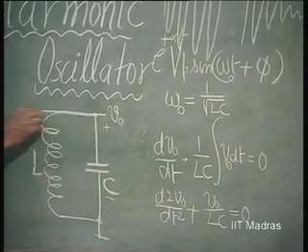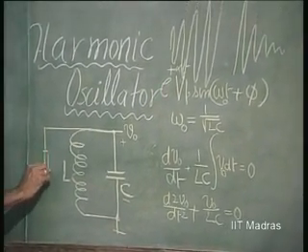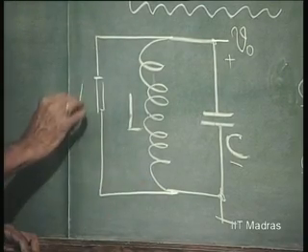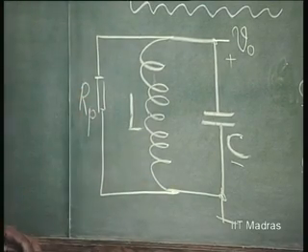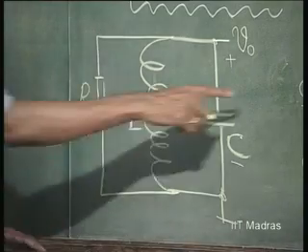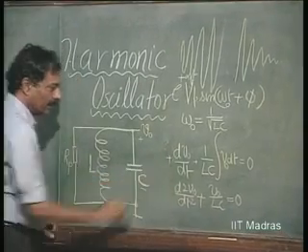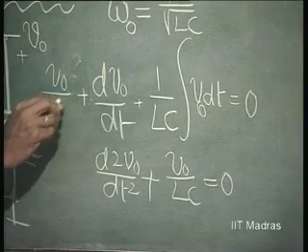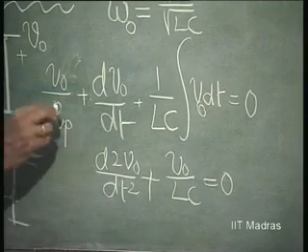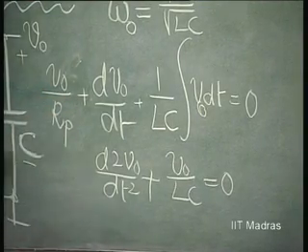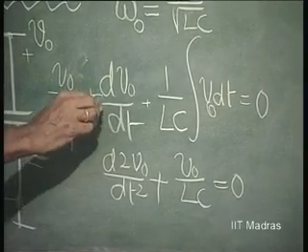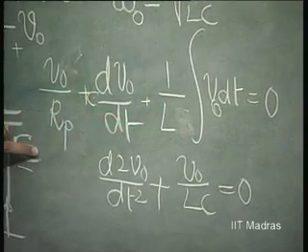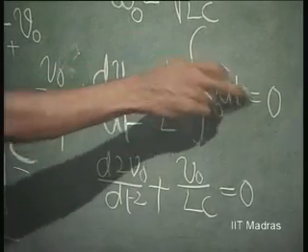If I can represent this loss component in terms of a dissipative resistance Rp, then in this equation the current that you have to add will be the sum of all currents: C dV naught by dt, plus V naught by Rp, plus 1 over L integral of V naught dt.